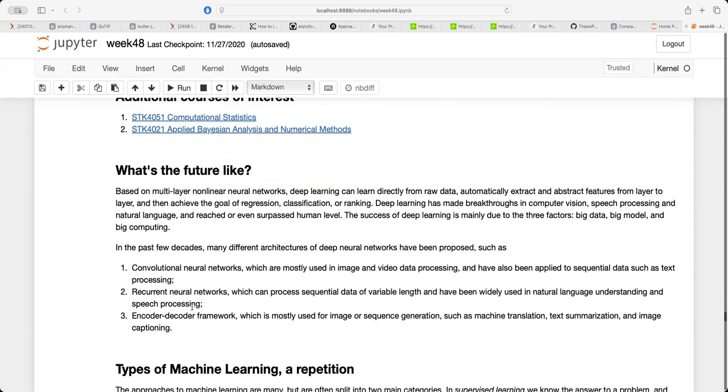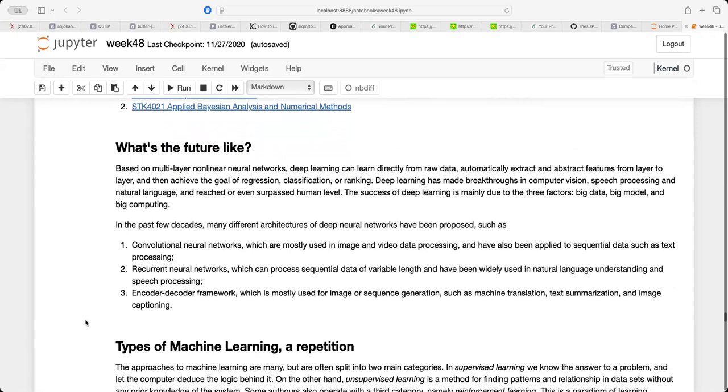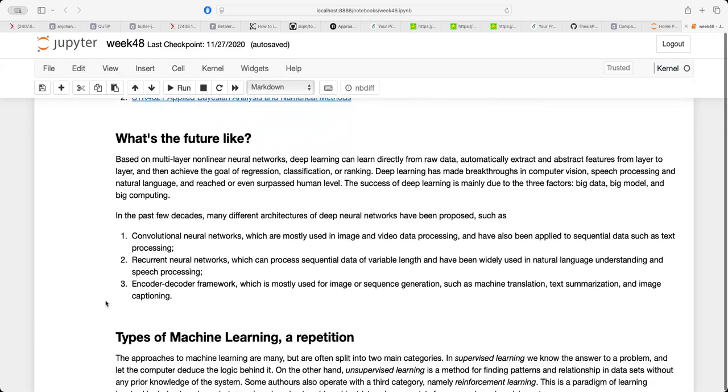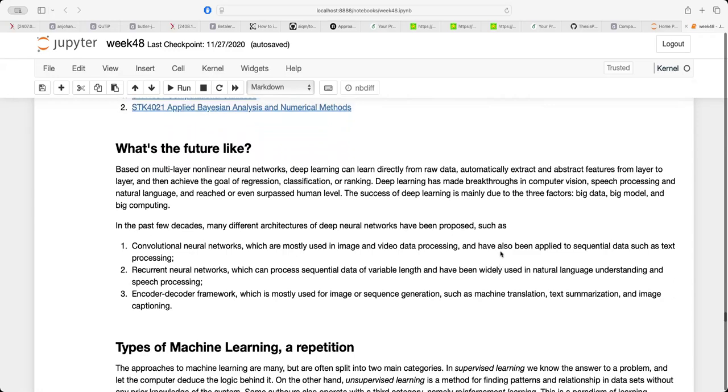So this is a very dangerous thing, to say something about what the future is like. This is something which has been developing over the last decades. Convolutional neural networks have been extremely popular, both in image and video data processing, and have also been applied to sequential data, such as text processing.